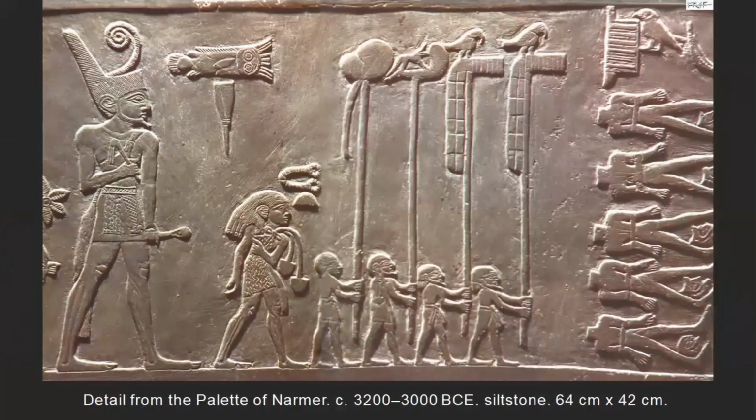Here is a much more art historical example of that same thing. We've looked at the Palette of Narmer before, but here is a detail of it, and you can see the pharaoh on the left-hand side, much larger than the person next to him, and that person is much larger than the servants carrying the pharaoh's banners.